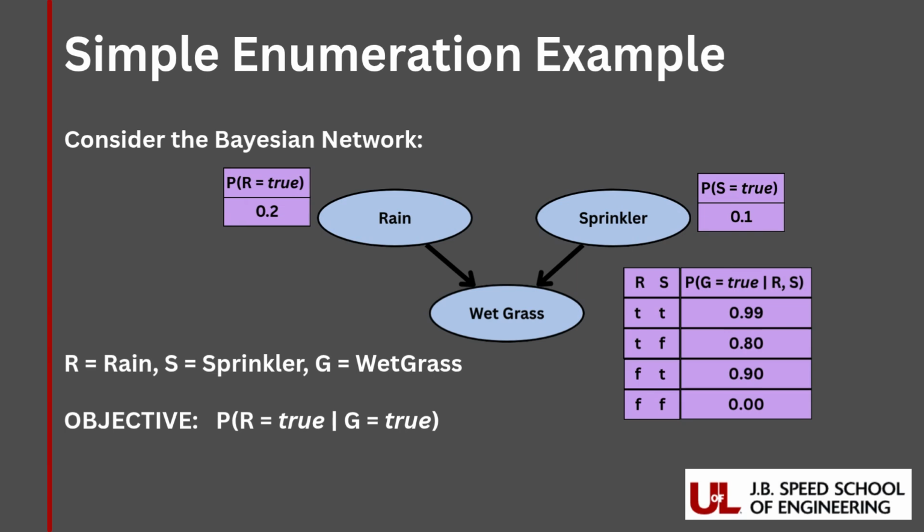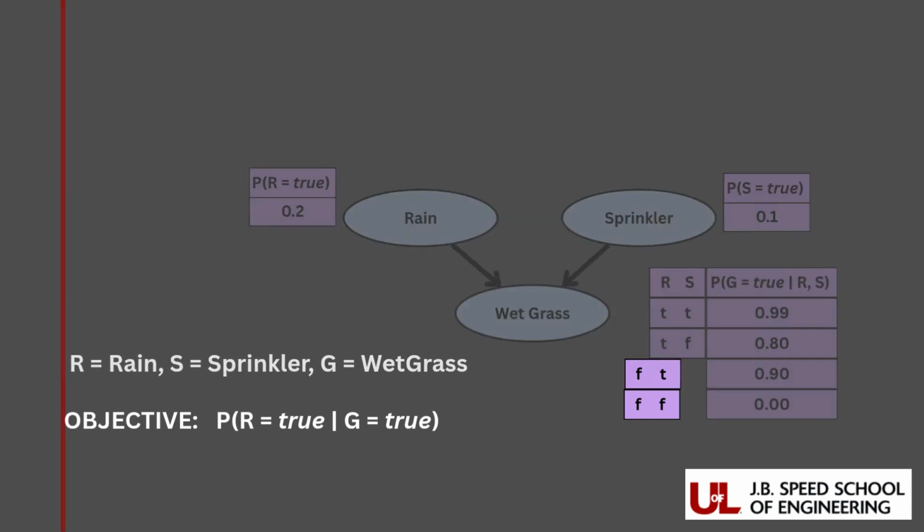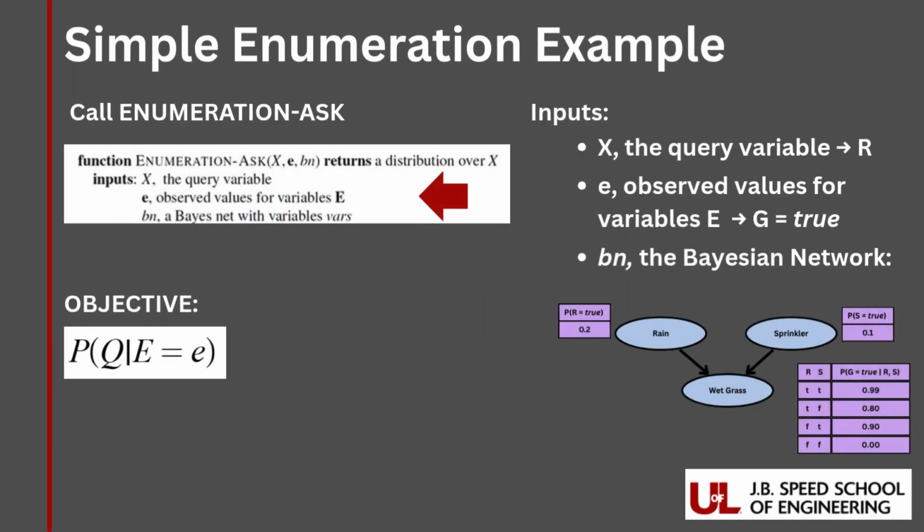So another way to think of our objective, what's the probability that the random variable R is true, given that our random variable G is true? Okay, so we'll go ahead and start by setting up, connecting our variables to the pseudocode.